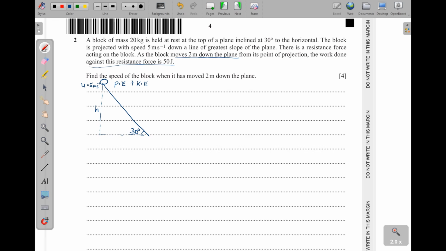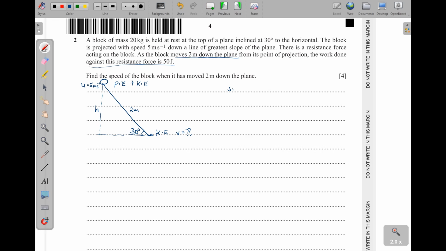And then it moves down this plane, which is 2 meters long. By the time it reaches here, there is kinetic energy because it is moving with a certain speed, which speed we are looking for. All the potential energy has gone because now we are on the level ground, there is no vertical height.